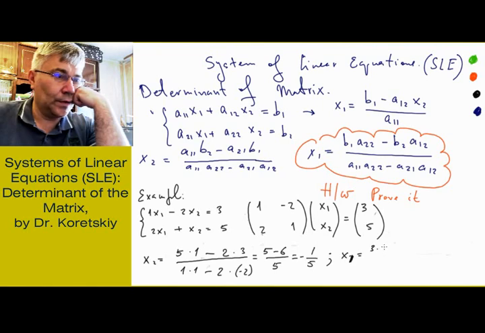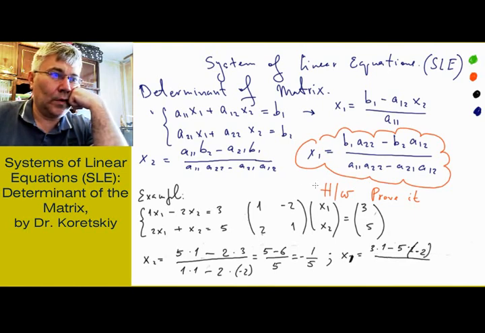A22 gives 1 minus b2, 5 times a12, 1 a12 y1 times a12, the first row, the second column, it is minus 2 over.